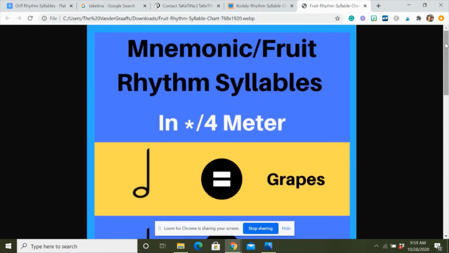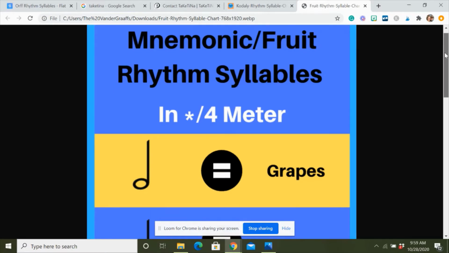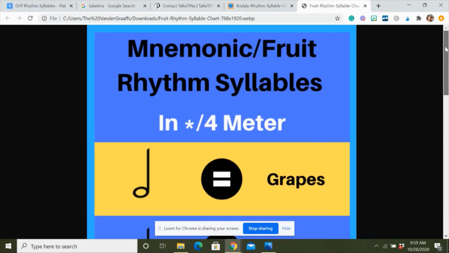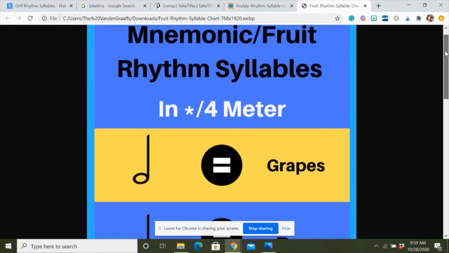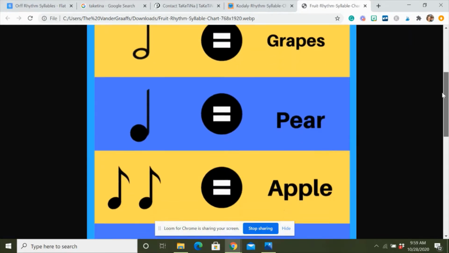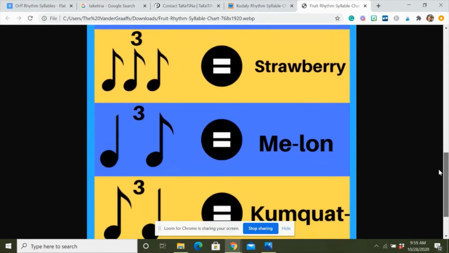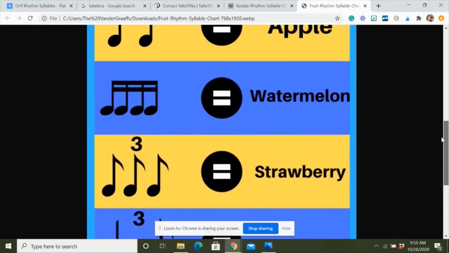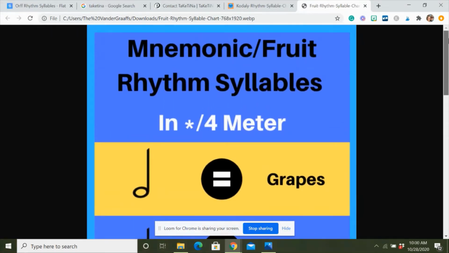It connects with language, which is awesome, and it can encourage student creativity. You can use the students' names, John, Penny, John. The point is that they're connecting language to the rhythms, which is really at the heart of where rhythms come from.